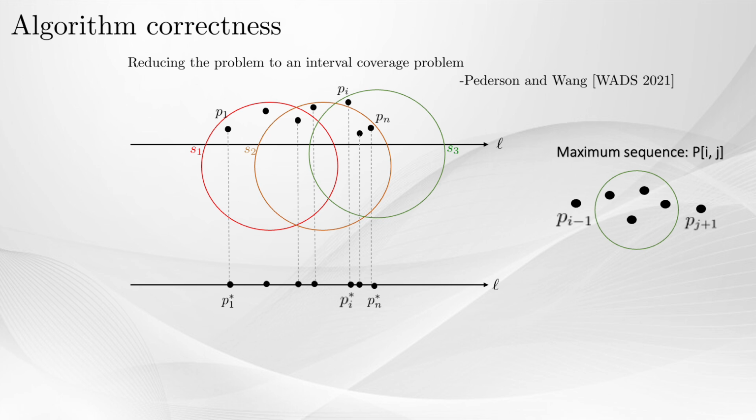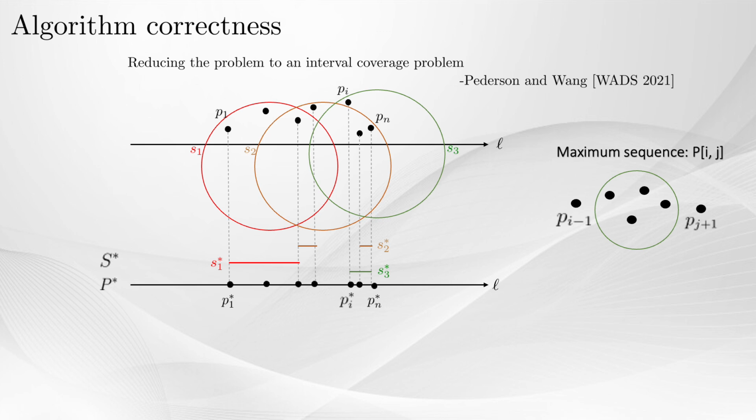Using this method, they project each disk into multiple intervals on line L. For example, S1 can be projected to S1 star, which is one interval on line L. For the disk S2, we find that 2 intervals are projected on line L because Pi is not covered by the disk S2. Thus, Pi star is not covered by the intervals generated from the disk S2. For the disk S3, one interval can also be used to represent it.